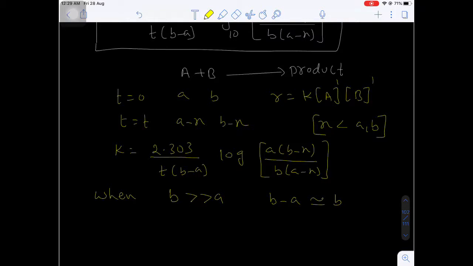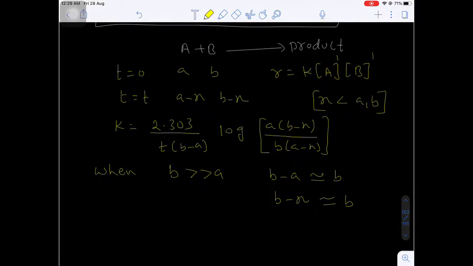So B minus A will be almost B, and B minus X is also approximately equal to B. Why? Because B is too greater than A. Are you getting my point? X is less than A, but A is too less than B, that means the X value is also too less than B.